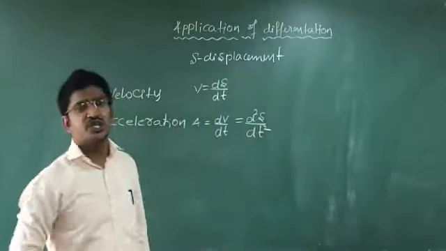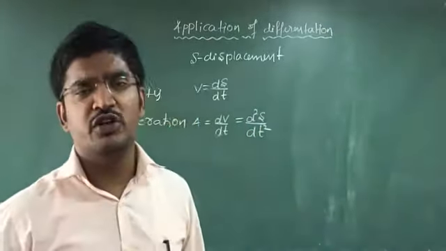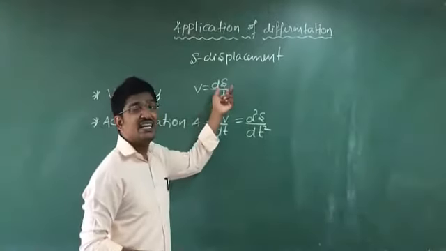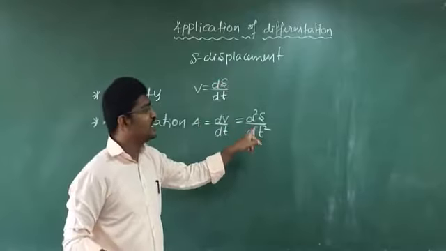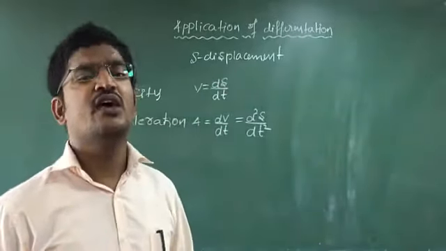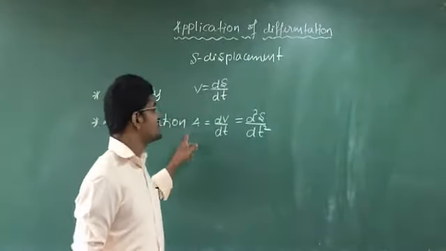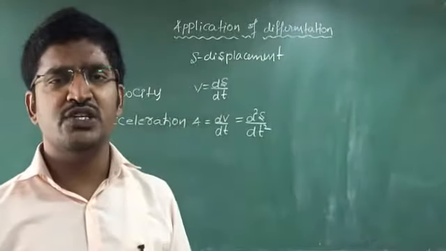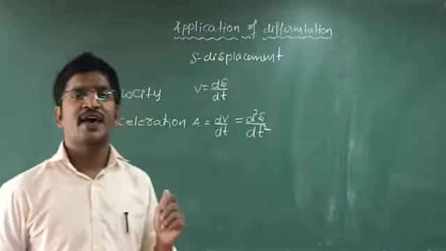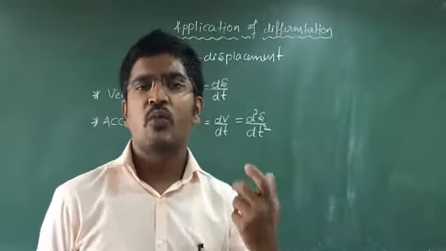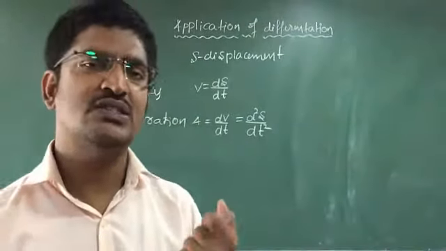If you differentiate the displacement two times, first you calculate ds by dt, then d square s divided by dt square, and you reach acceleration. So velocity means rate of change of displacement, and acceleration means rate of change of velocity. Both are with respect to time.